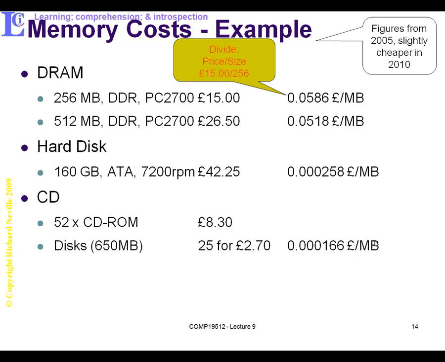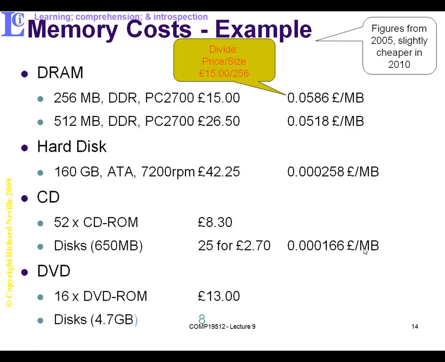You can see CDs are even cheaper than the hard disk when we're comparing them for price per megabyte. Then if we go to a DVD, it's a bit larger, it's 4.7 gig, and we can see for the price given here for 8 at 50p, it's again 0.000129 pounds per megabyte. It's really cheap.